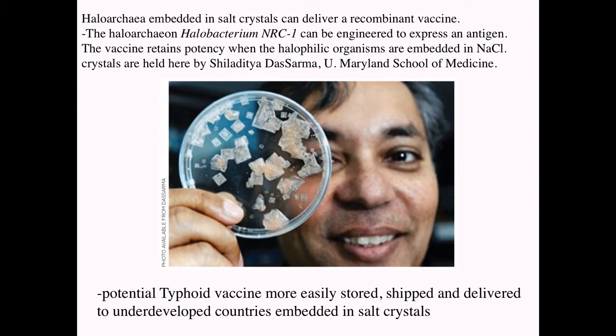Since they love salt, you can dry them down in salt crystals and then just redissolve them, and they're perfectly fine. This is a really clever delivery system that is potentially going to be used to deliver typhoid vaccine to areas of the world where it's still endemic.